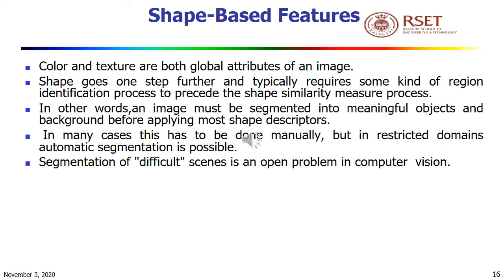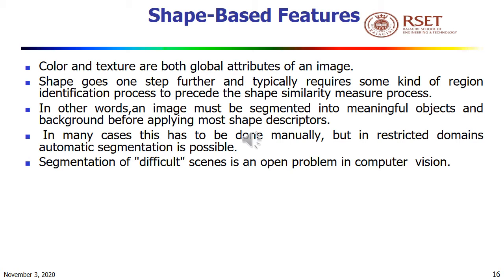So far we have discussed the different methods of color and texture features. In this slide I'm going to explain the different methods of shape feature extraction. Color and texture are both global attributes of an image, and shape goes one step further and typically requires some kind of region identification process to precede the shape similarity measure process.